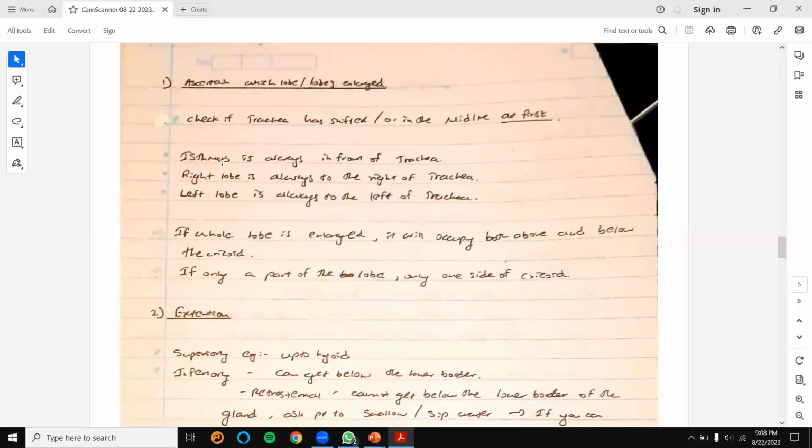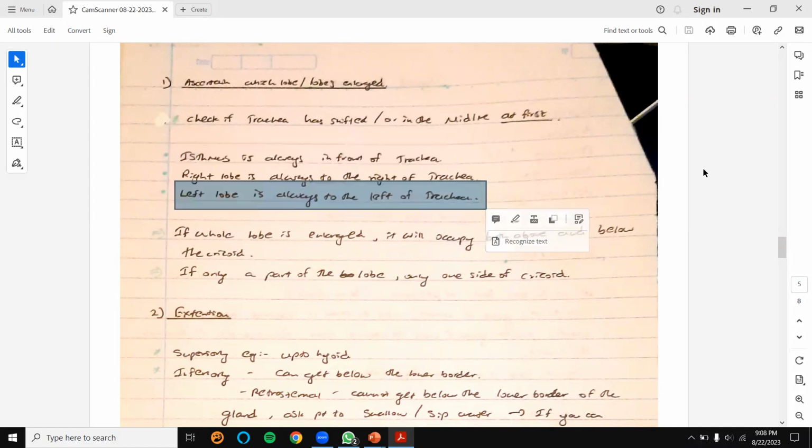That is because if you take the anatomy, the isthmus of the thyroid gland is always in front of the trachea. The right lobe of the thyroid is always to the right of the trachea, and the left lobe is always to the left of the trachea. So if you know that the trachea has deviated to the right, when you palpate from behind, you won't get confused.